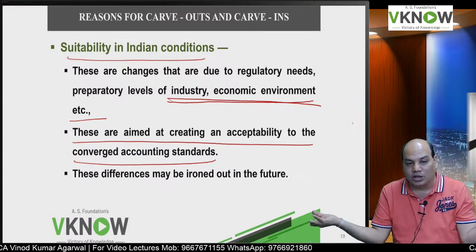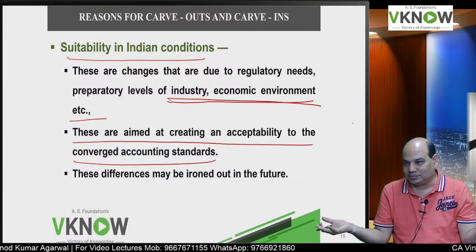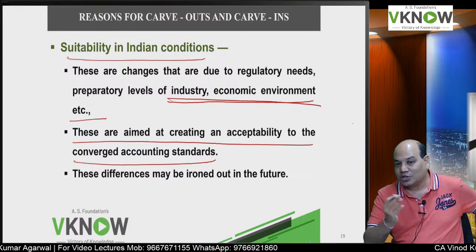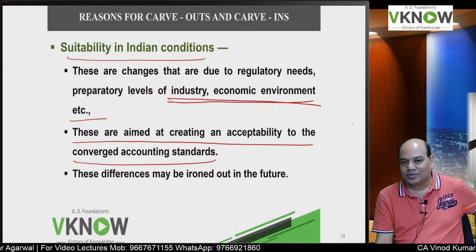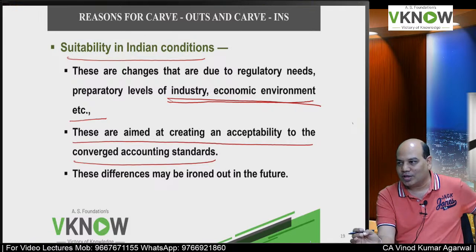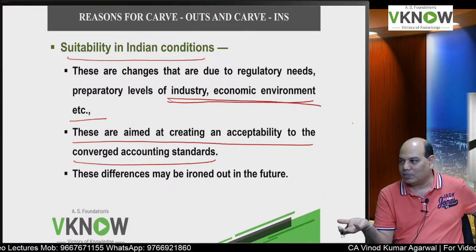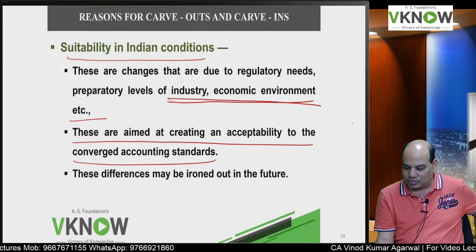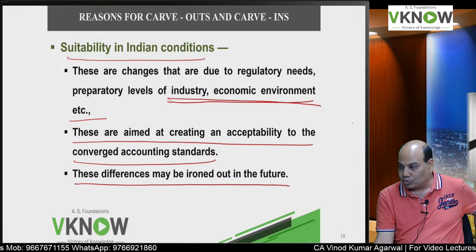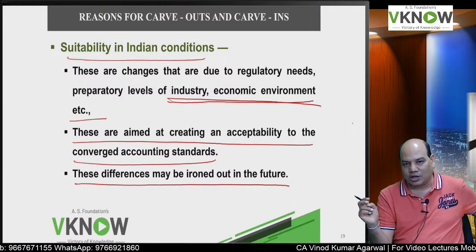Banks will probably start showing losses. NBFCs will start showing losses. And that is why every time RBI wants to introduce Ind AS, banks say we are not yet ready, our system is not ready, our people are not yet ready. Okay. And that is why they have to make these carve-ins, carve-outs.